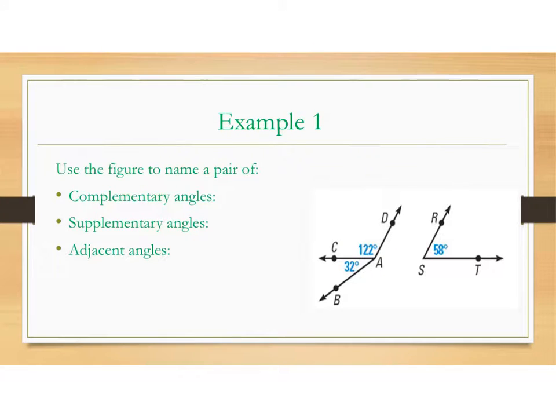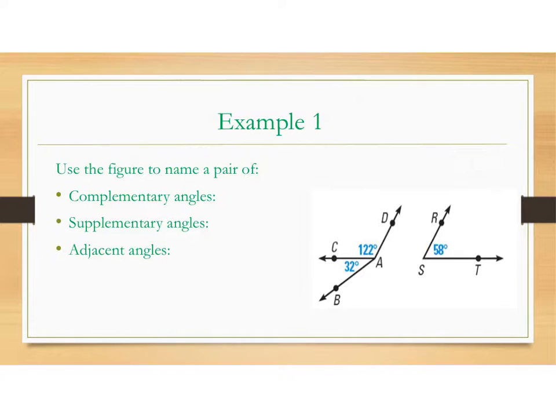All right, so now we have an example here. Now, this time I don't have numbers in the angles, so we're going to have to name our complementary angles with 3 letters. Can someone tell me two angles in this picture that are complementary and name it with 3 letters? Angle BAC and angle RST.